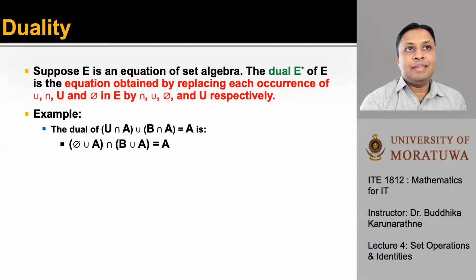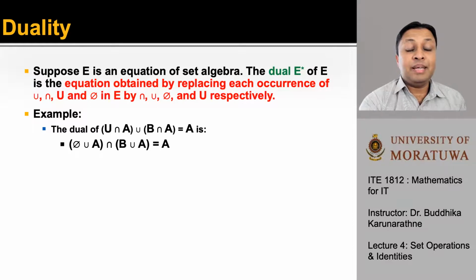Suppose E is an equation in set algebra, and let's look at what is meant by the dual of E. We can take the equation E and transform it by replacing each occurrence of the union symbol, intersection symbol, the universal set, and the empty set in E by their counterparts, which are the intersection symbol, union symbol, the null set, and the universal set, respectively.